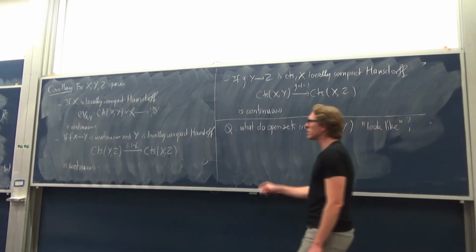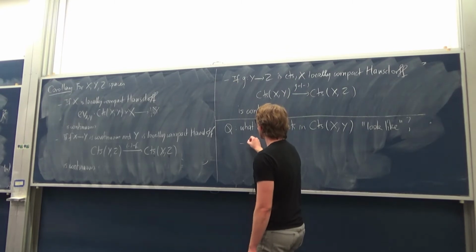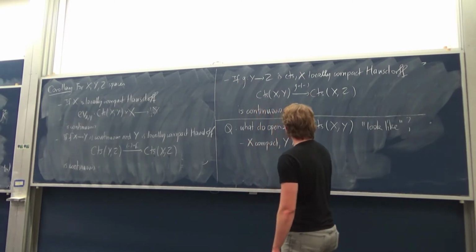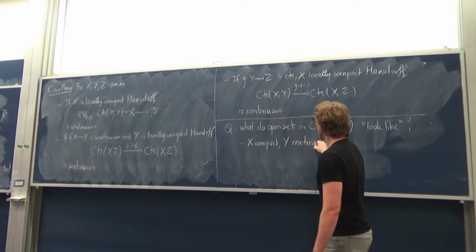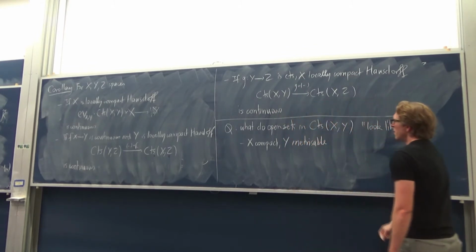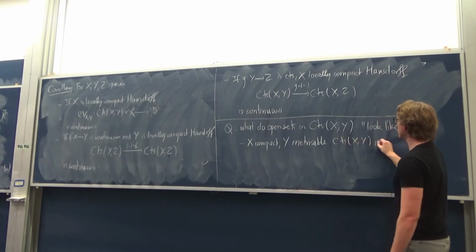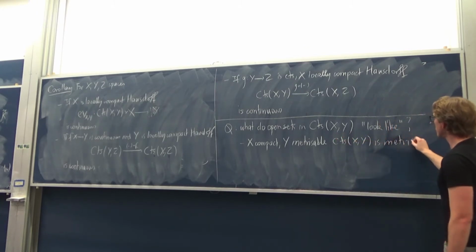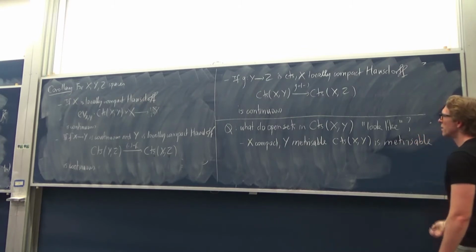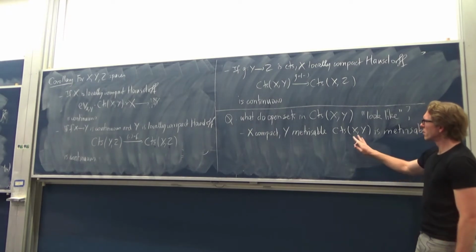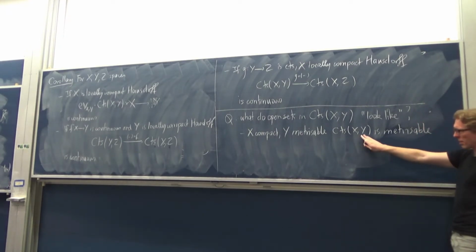Okay, so we're going to do two things. So in the case where X is compact and Y is metrizable, okay, this space is metrizable. Okay, so we'll prove this next time, but let me give the statement.